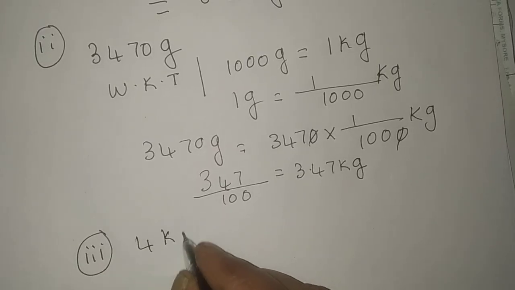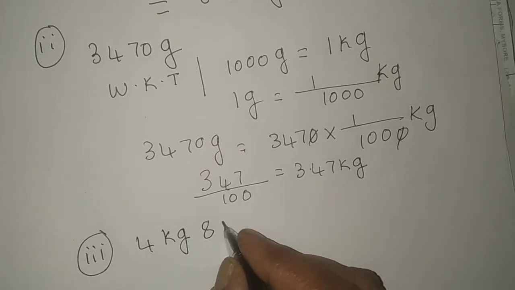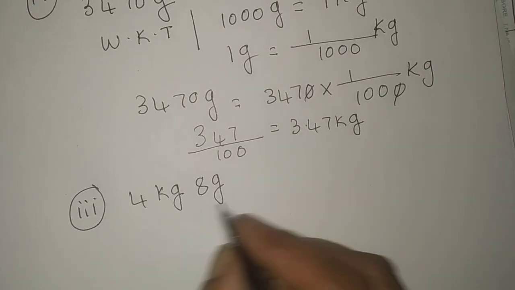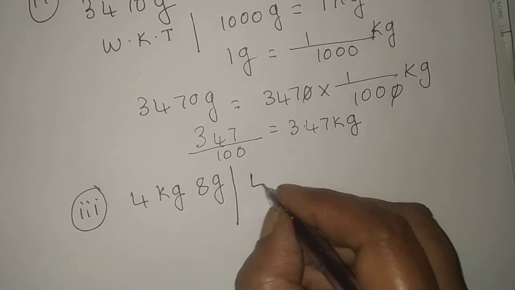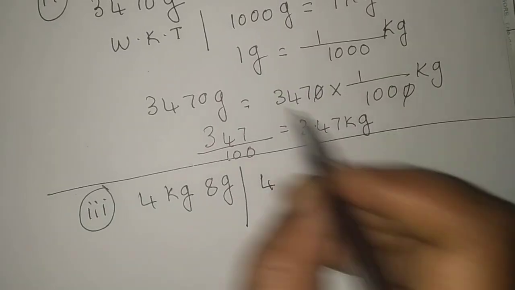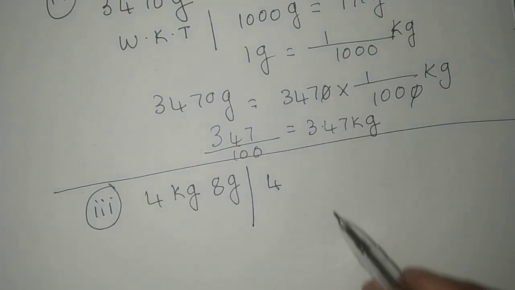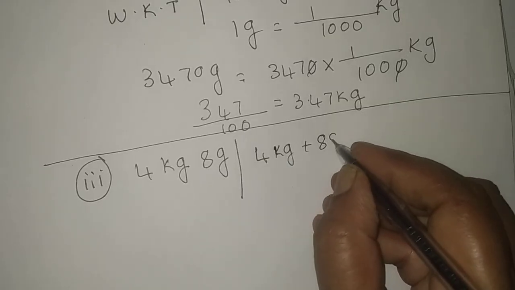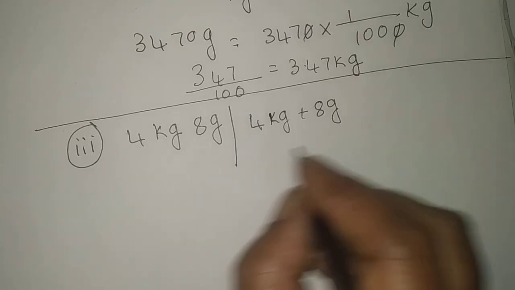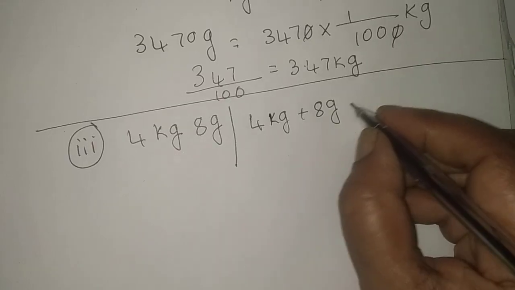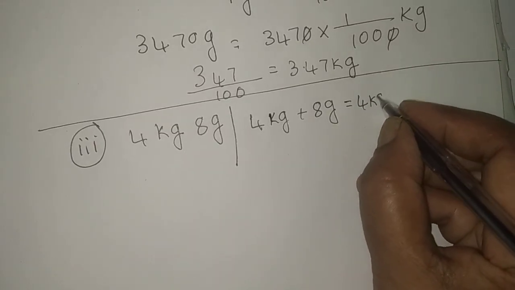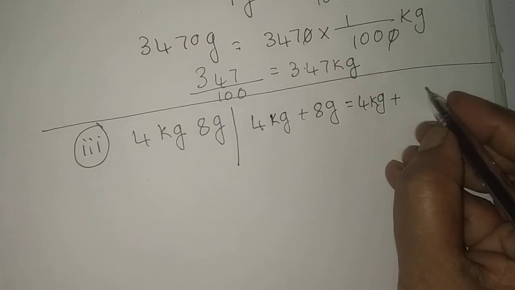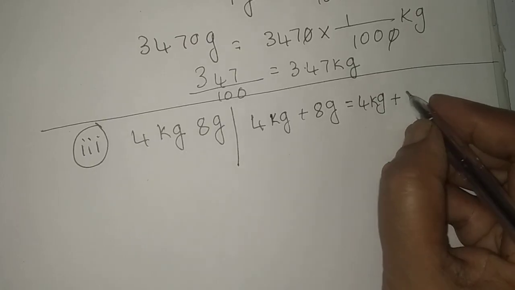Now the third one: how do we express 4 kg 8 grams? We can write this one as 4 kg plus 8 grams. So now this can be written as 4 kg plus 8 by 1000.